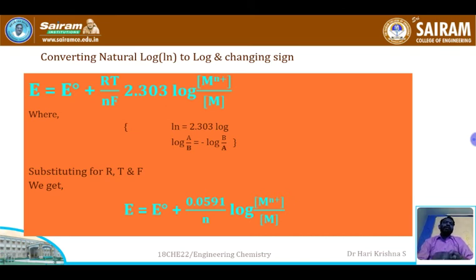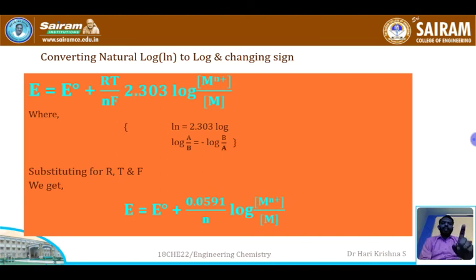If you have only one half cell, say zinc dipped in zinc sulfate, copper dipped in copper sulfate, or silver dipped in silver sulfate, how do we determine the electrode potential? We have arrived at a Nernst equation relating the electrode potential and the concentration of the species in which the metal is dipped.